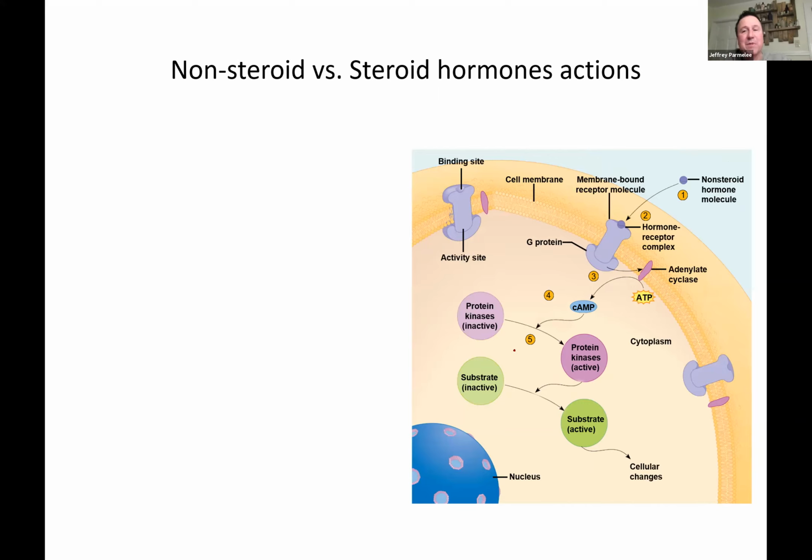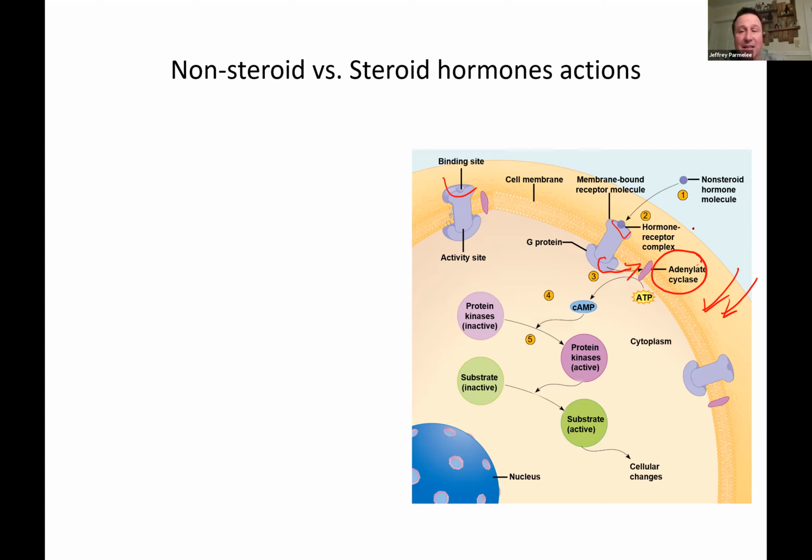Non-steroid, a few more steps here, but they can't go through the membrane because they're charged and they're big. They are hydrophilic, I'm sorry. And so they don't want to go through that hydrophobic fatty membrane. So they're going to go onto receptors on the cell surface for the particular hormone. And then G proteins will turn on adenylate cyclase.